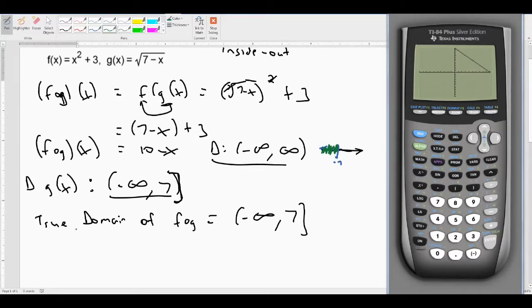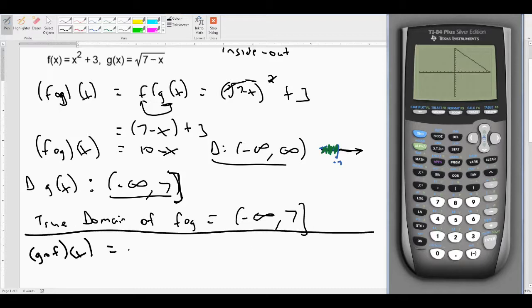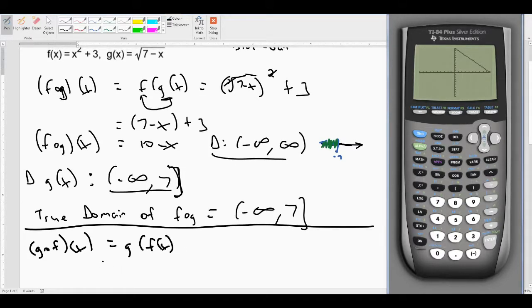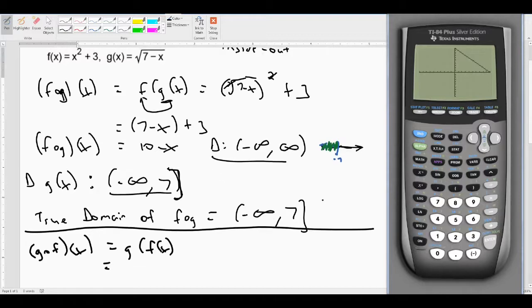And now we're going to do, oh gosh, I'm changing my color. g of f of x. Let me draw a line so you see we're doing something else. So that's g of f of x. And when we do this, we're going to take the inside function and substitute into the g.